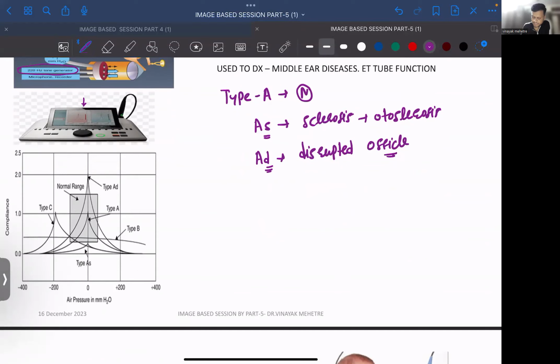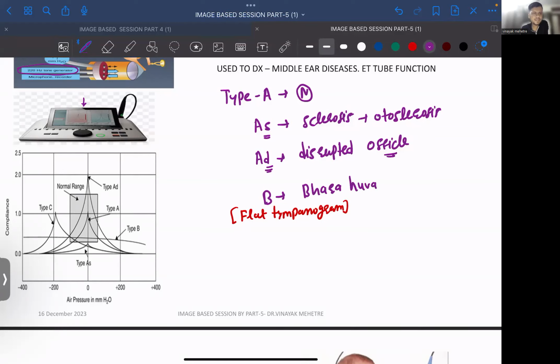Then comes type B. Type B is seen in which disease? Anyone? This we call a flat tympanogram. How will you remember? By the mnemonic: filled, भरा हुआ. What is filled?